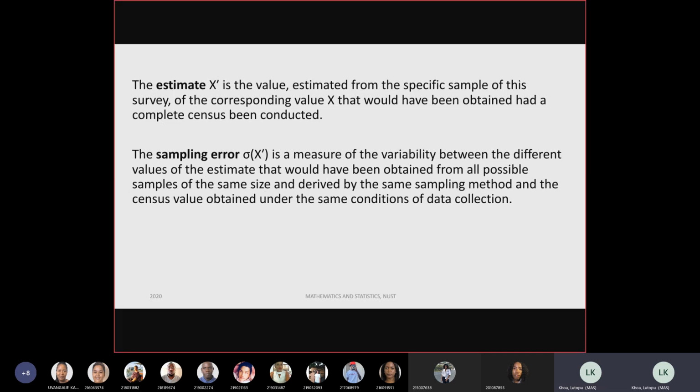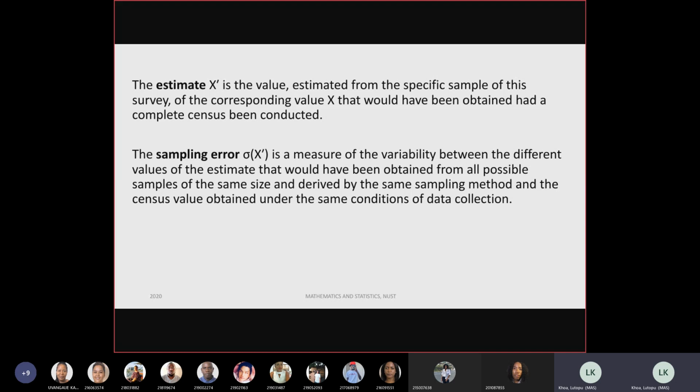Then the estimate X is the value estimated from the specific sample of the survey of the corresponding value X that would have been obtained had a complete census been conducted. So you have an estimate. We talked about some of these estimates. We said X bar is the sample mean; we use it to estimate the population mean. We talked about P or P hat, depending on what books you're reading, to estimate the proportion of the population, and so on.